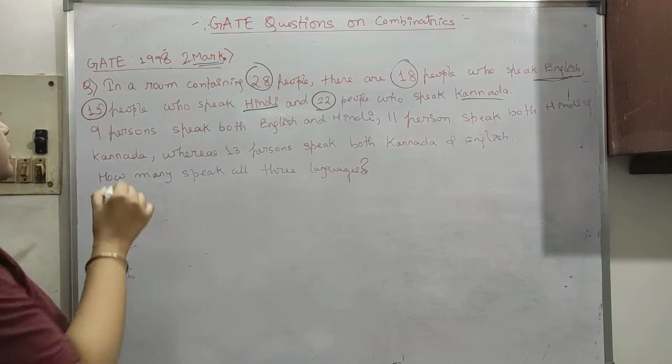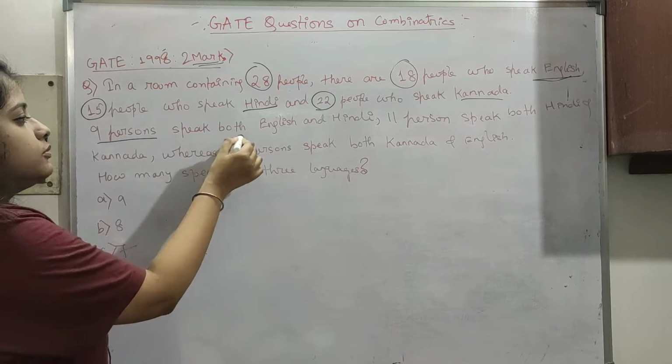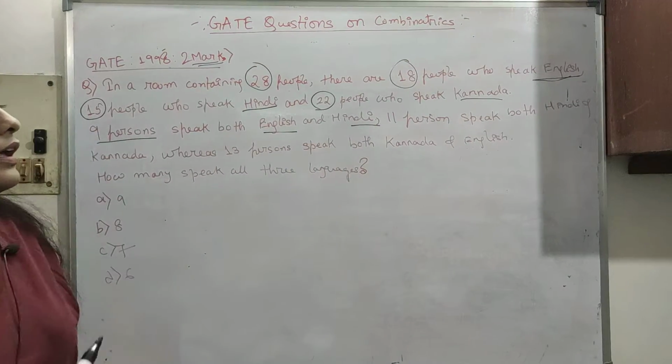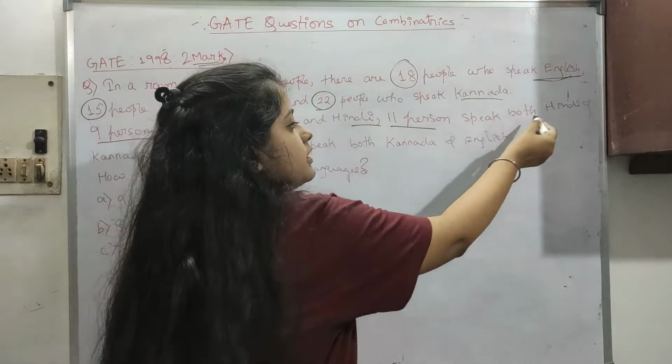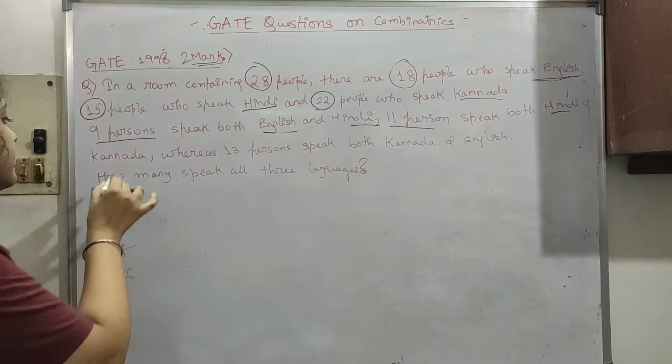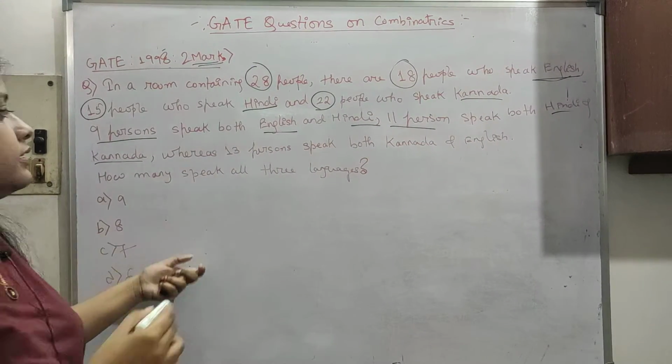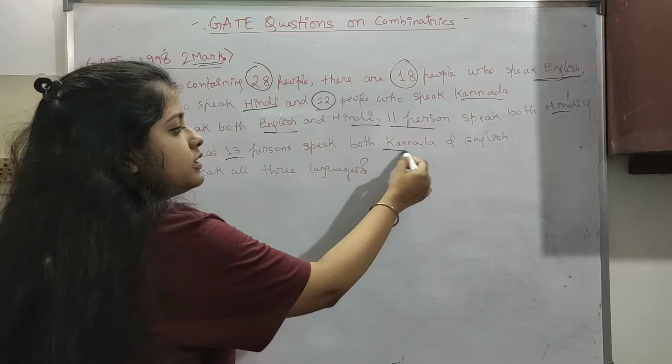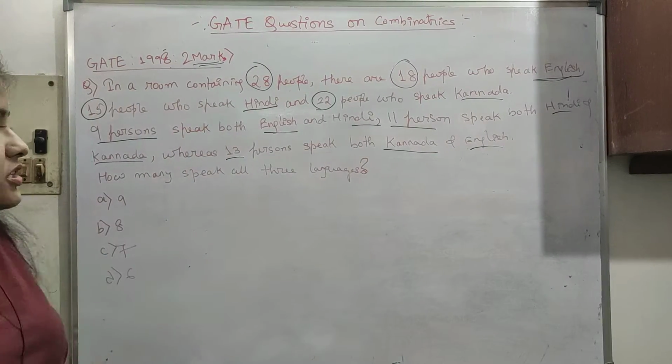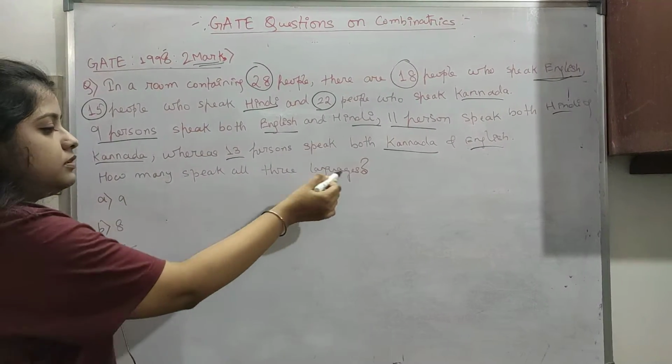Now 9 persons speak both English and Hindi, 11 speak both Hindi and Kannada, and lastly 13 persons speak both Kannada and English. The question asked is, how many speak all 3 languages?